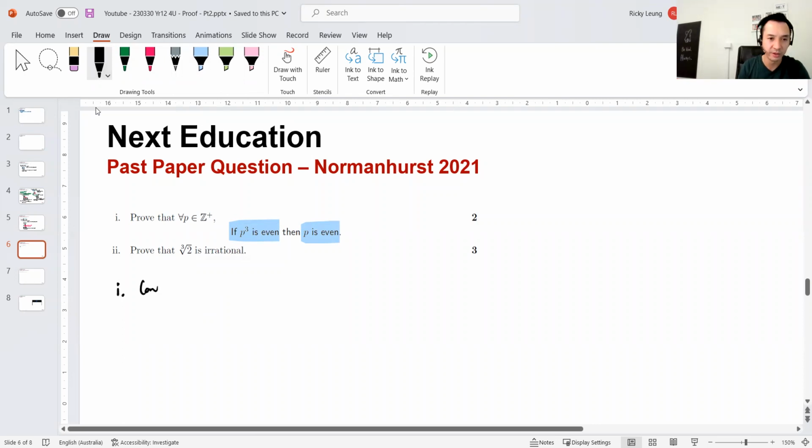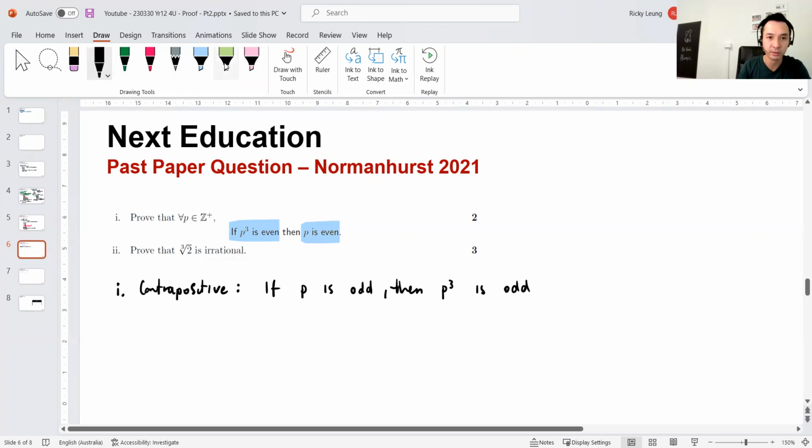So if it's contrapositive, then the statement would be: if p is odd, then p cubed is odd. Right? That's really the statement that I want to prove.